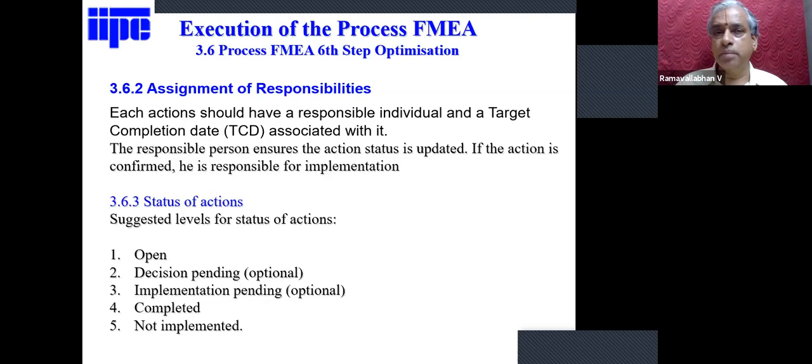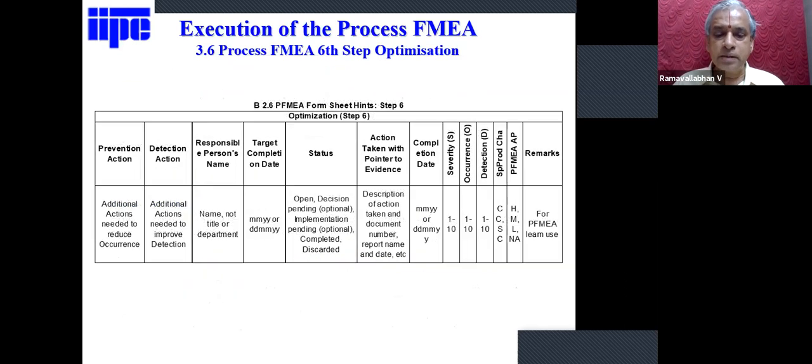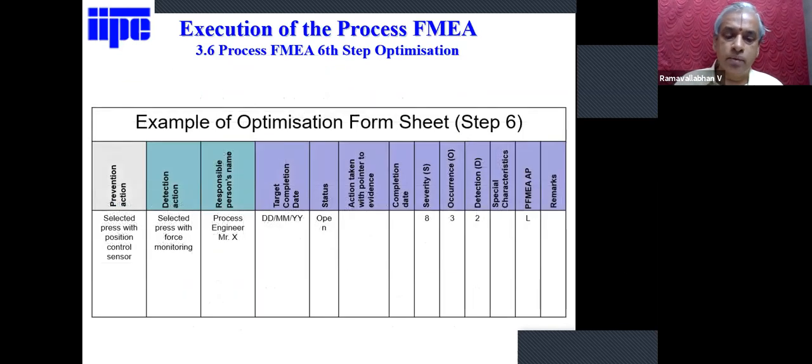The last one is not completed, which can be not completed or discarded. It has not worked out properly, that is why we have discarded it, hence it is not completed. So once the things are over, we are proposing the action. These are all the proposed actions. What are all the preventive actions you are going to do?